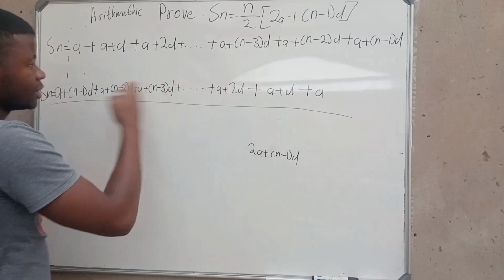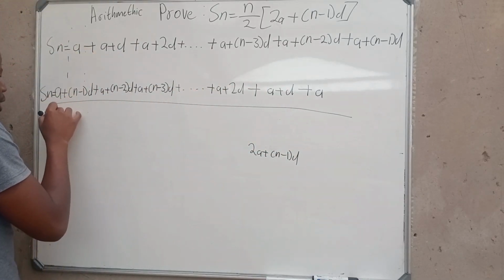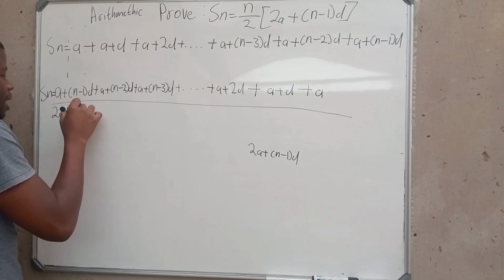All of these things: this and that is going to give you 2a plus n minus 1d.